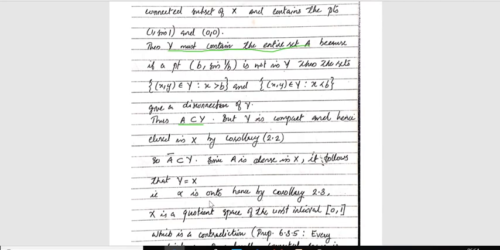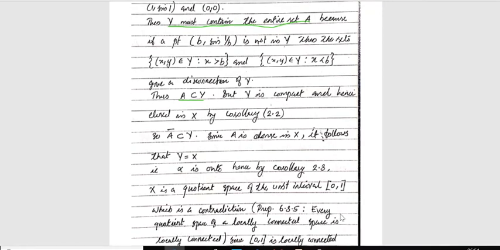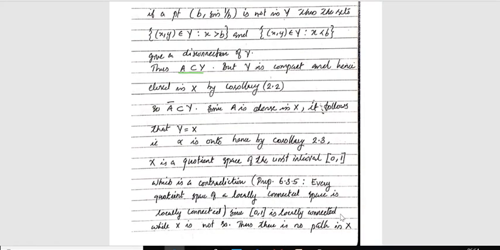So alpha is onto. Since alpha is onto, by corollary 2.3, X is a quotient space of the unit interval [0, 1]. It is a contradiction, since every quotient space of a locally connected space is locally connected.